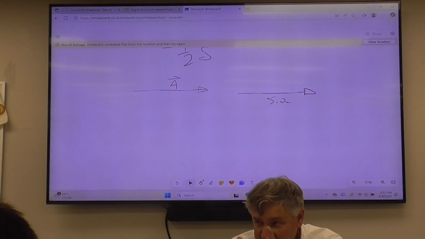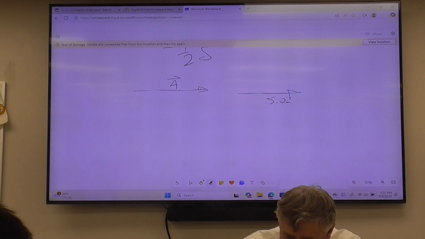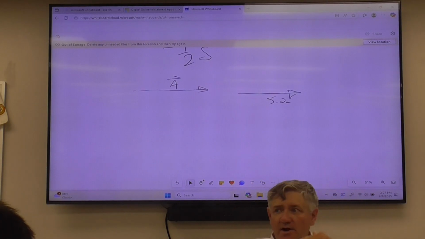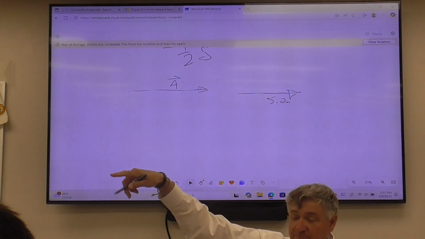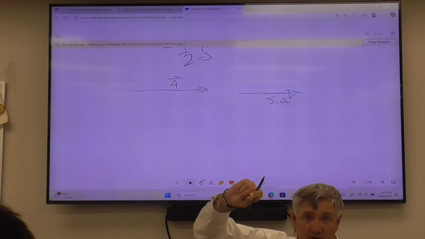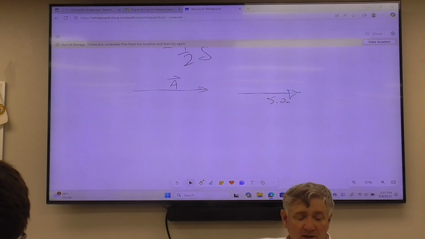So that 5 centimeters is the length of the line. When you draw that arrowhead on the end of it, put it back like that so that the arrow isn't making the line longer. You need the arrow to indicate which direction that it's pointing. But don't let the arrow, tip of the arrow, add to the length of your vector.